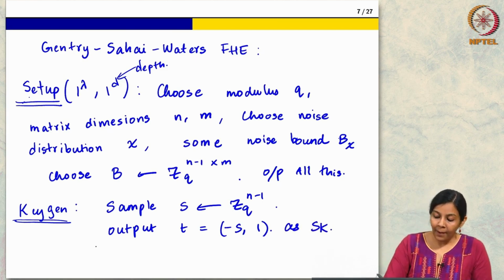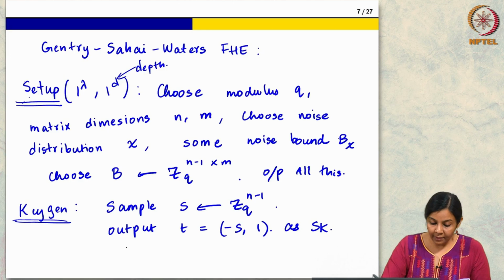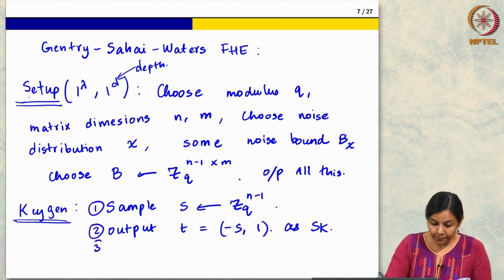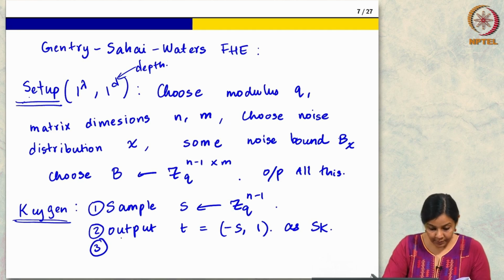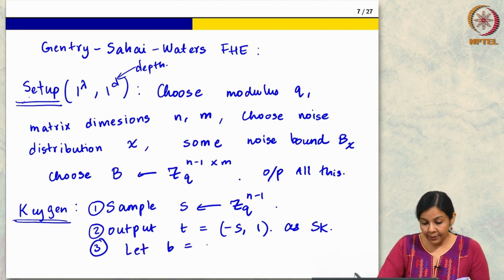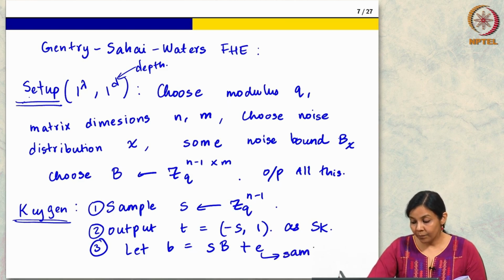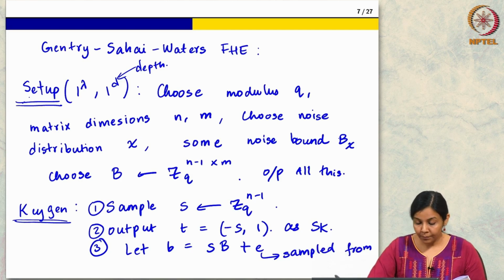And for the public key, what it does is it computes an LWE sample as SB plus E, where E is sampled from the noise distribution. Okay.